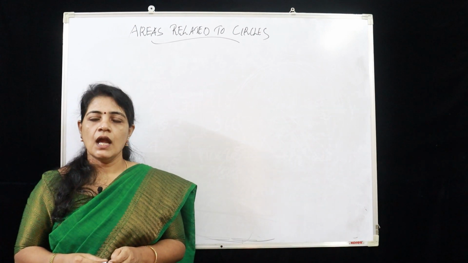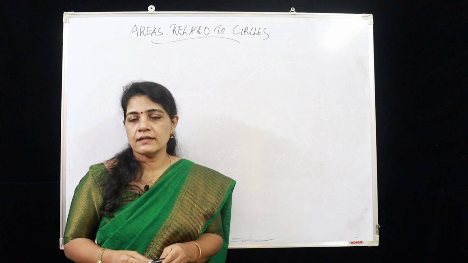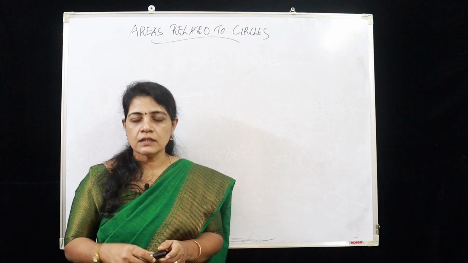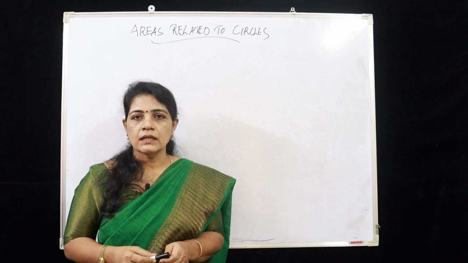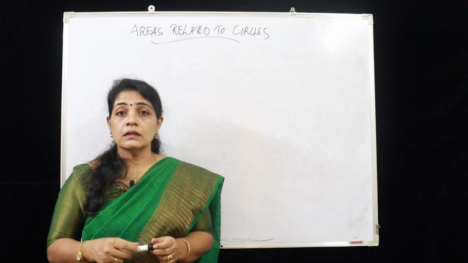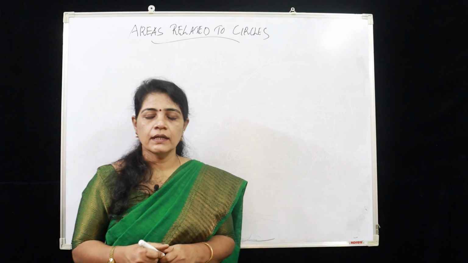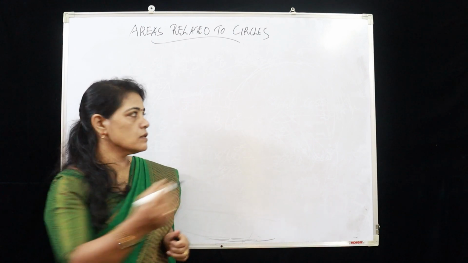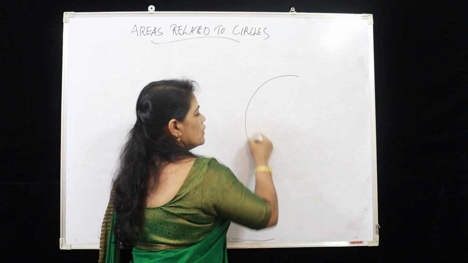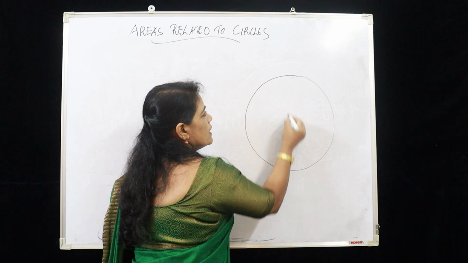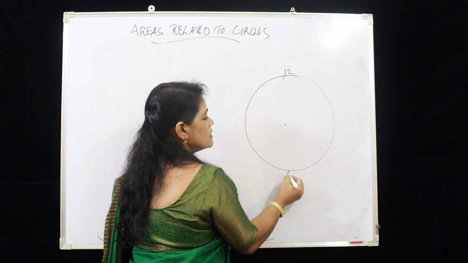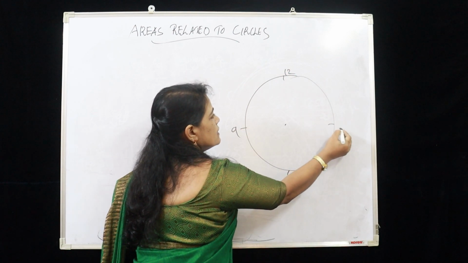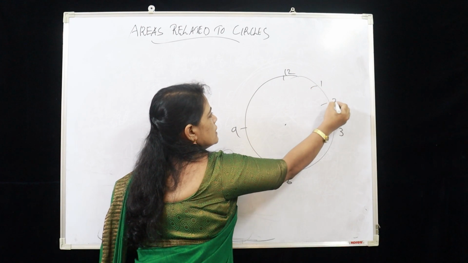Before we move to the exercise problems, some more points need to be explained. The first one is the angle described by the minute hand of a clock. The clock is almost like a circle, the dial of the clock. Here 12, here 6, 9 and 3, and in between 1, 2.